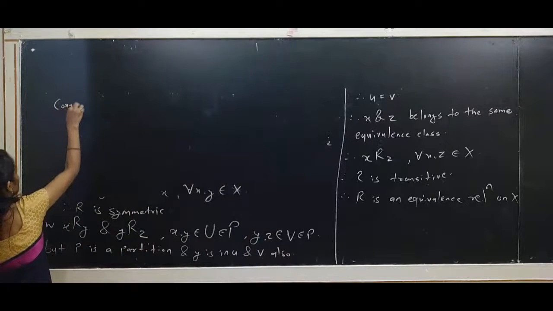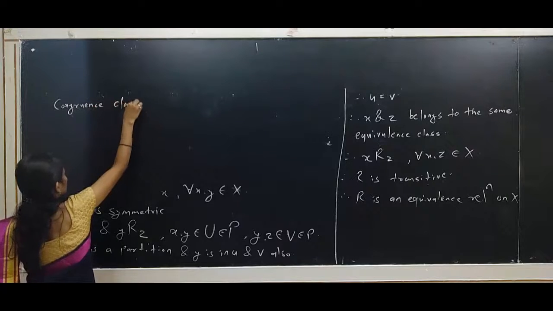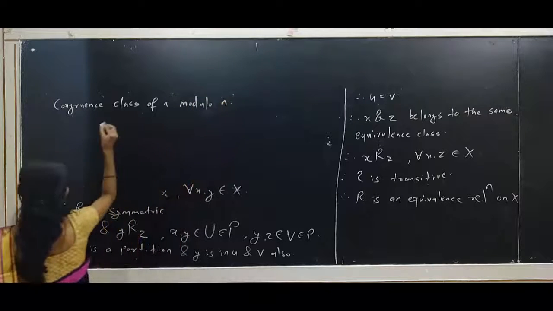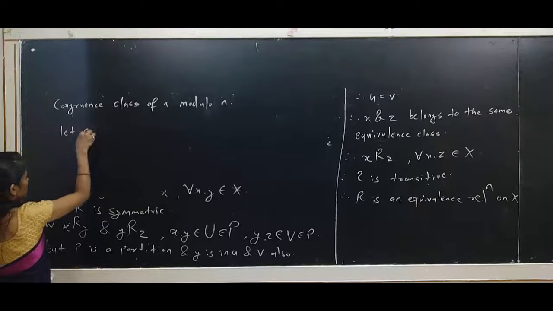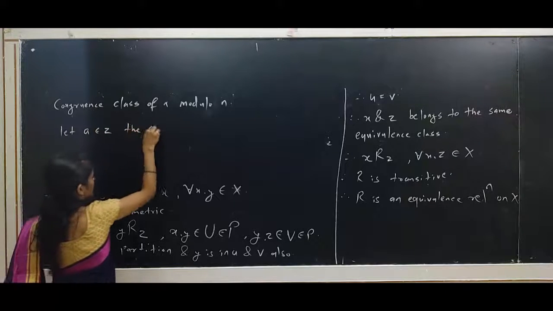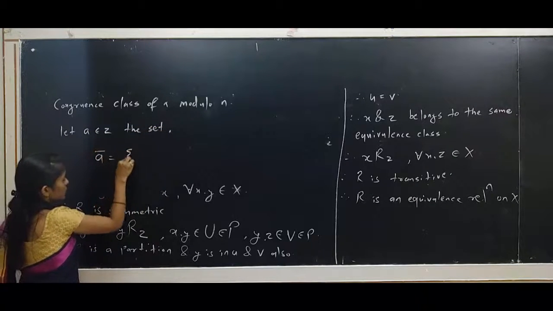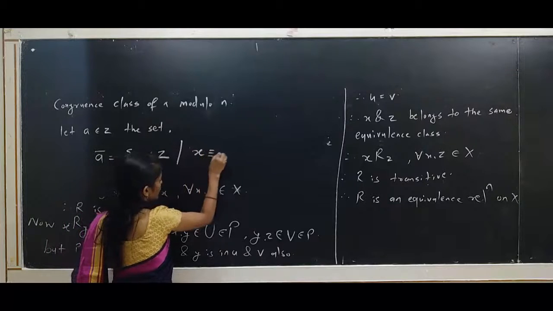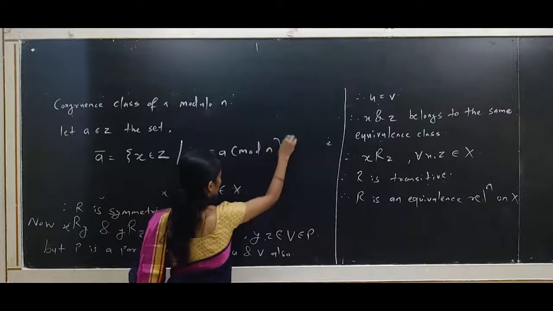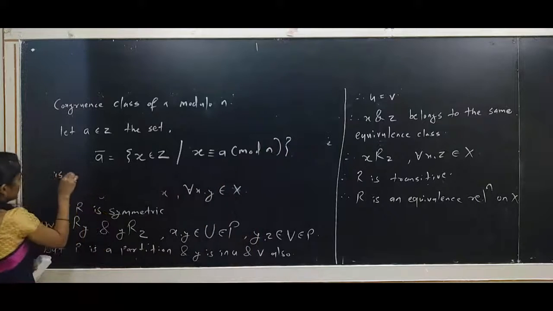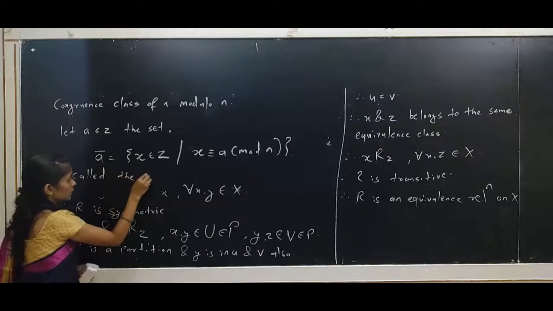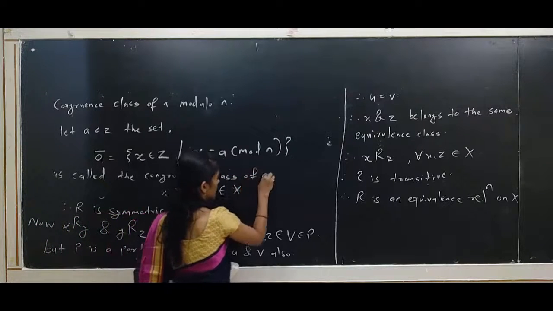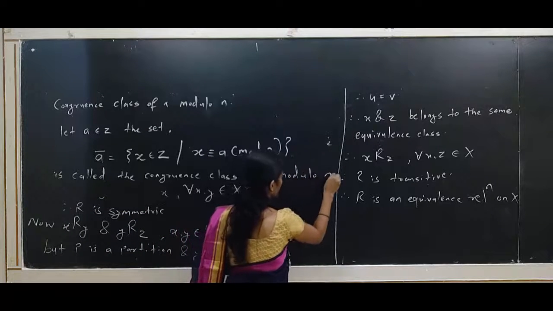Definition: let a belong to Z, the set a bar equals x belonging to the set of integers such that x is congruent to a modulo n is called the congruence class of a modulo n.